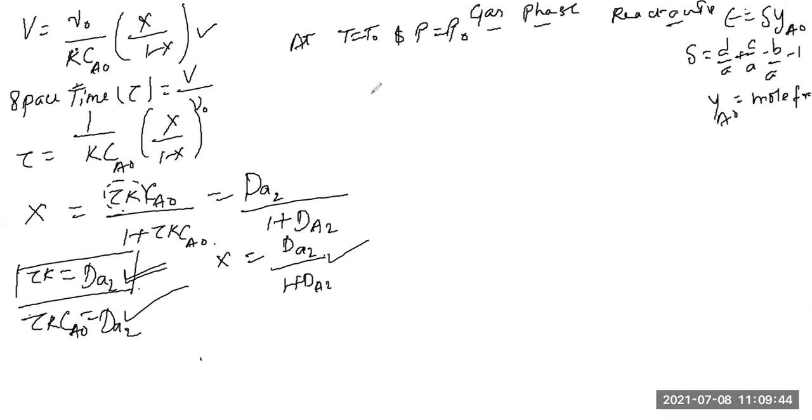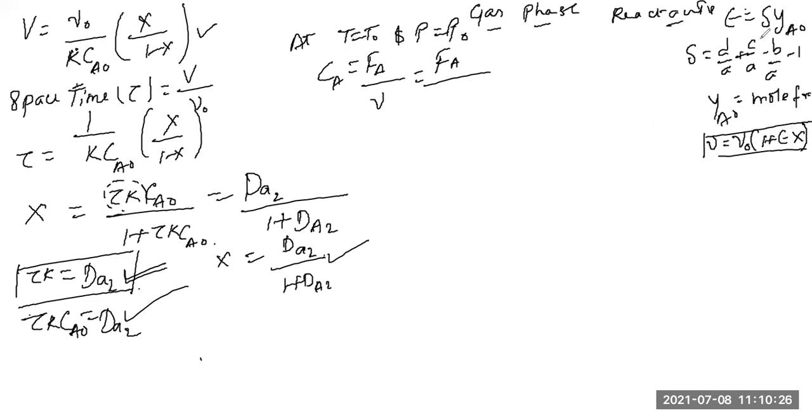Now we will derive concentration in terms of conversion X by using the formula that we did a few minutes before. Here nu equals nu 0 times 1 plus epsilon X. This we derived when we did the derivation for variable volume flow reactors, so you can look into that derivation to understand how we reached here.